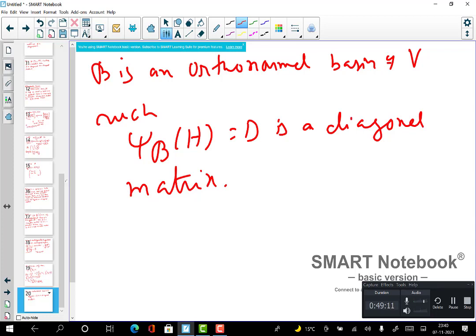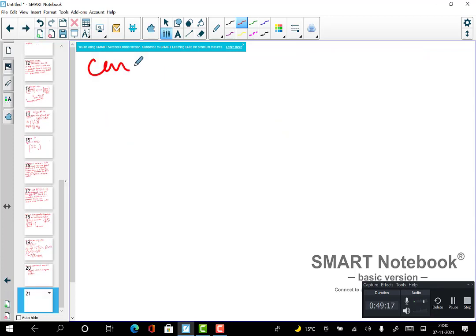Okay. Now, what is the immediate corollary of this theorem? So immediately, what you can say from this theorem for quadratic forms. So you can say that you have a quadratic form on a linear space.